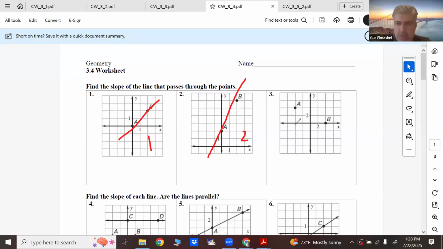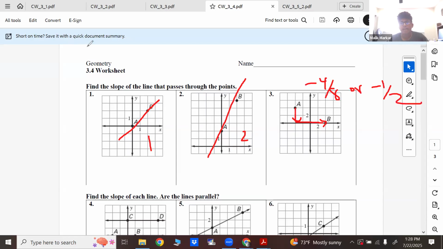Here I go down 2, right. Oh, sorry, down 4. I have to look at the scale. And 1, 2, 3, 4. So it's negative 4/8, or negative 1/2. Okay.